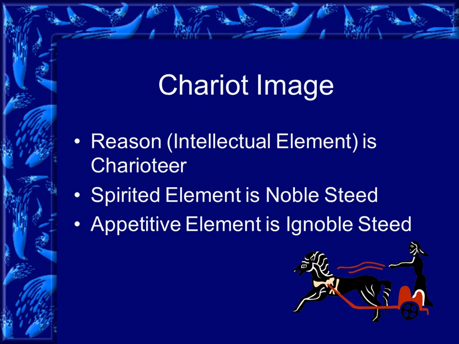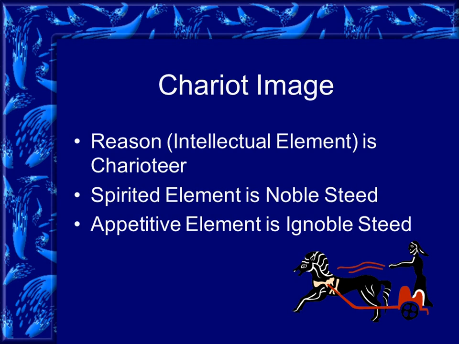And so in the chariot, you have the noble horse, which represents the military class, assisting the charioteer, who represents the ruling class in keeping the other at bay. So the structure of a person and the structure of a state, for Plato, one mirrors the other.